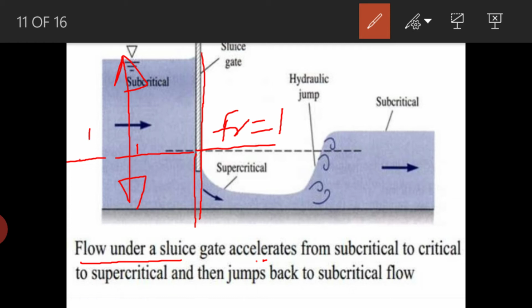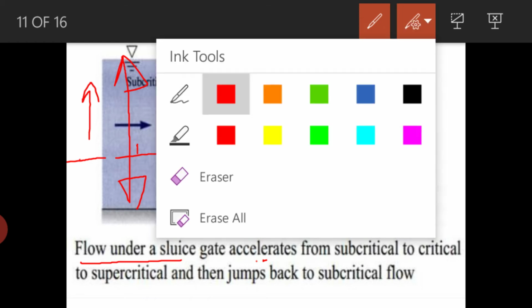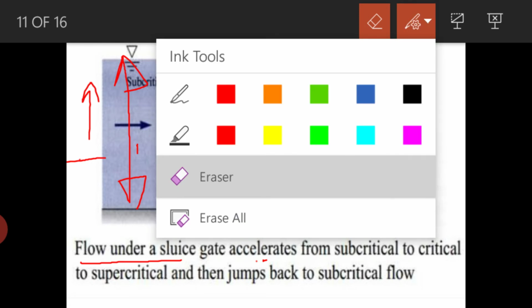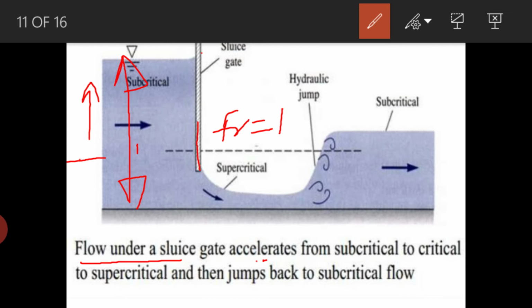If you take above critical, the Froude number will be less than 1. The Froude number less than 1 represents what? Subcritical flow. When you open this gate, the flow starts coming out like this.